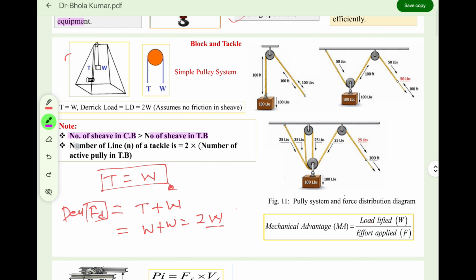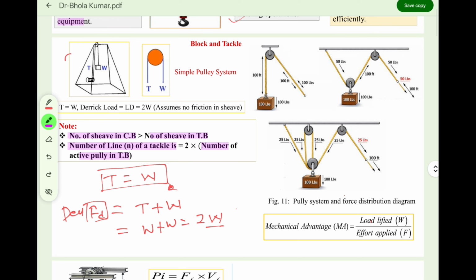The number of lines in a tackle is two times the number of active pulleys. What does active pulley mean? कौन सा पुली मूव कर रहा है. एक्टिव पुली मीन्स कौन सा पुली मूव कर रहा है.